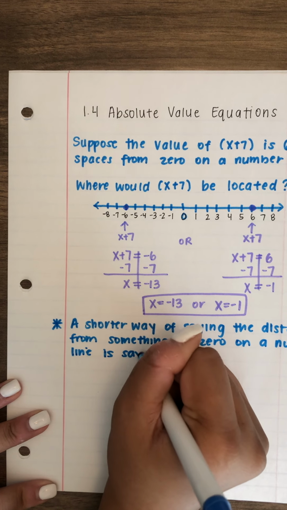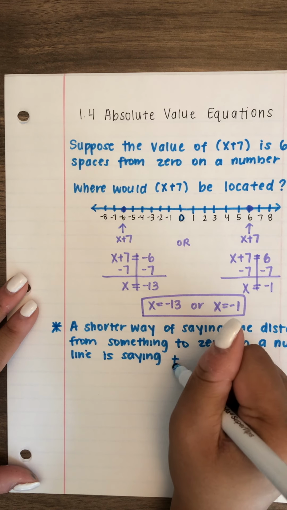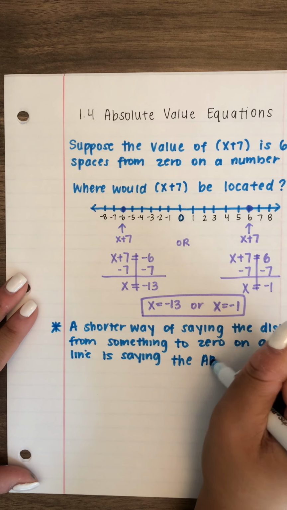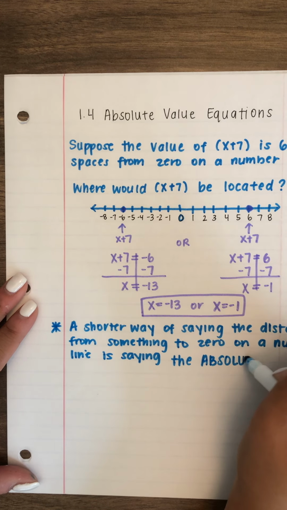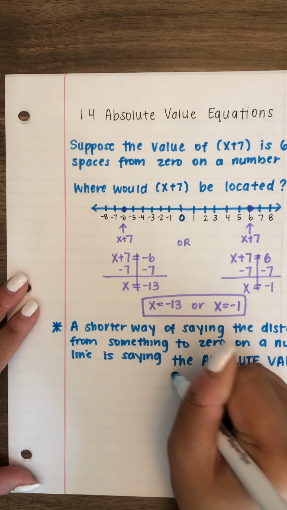A shorter way of saying the distance from something to 0 on a number line is really saying the absolute value of something.